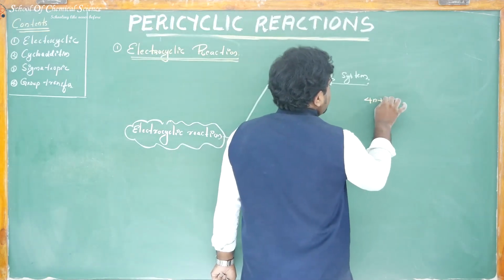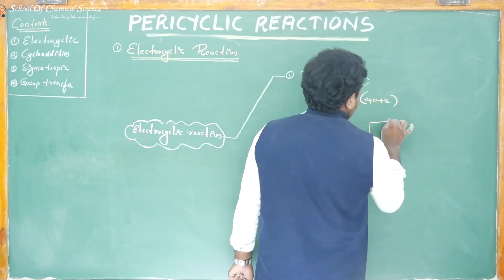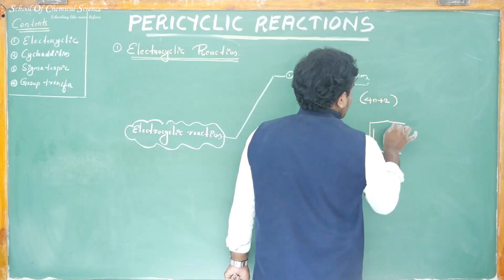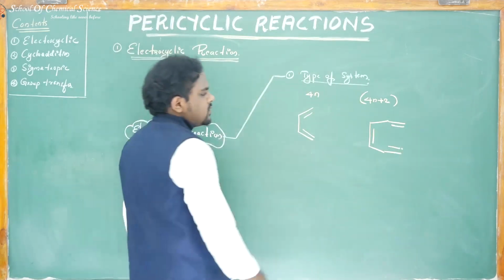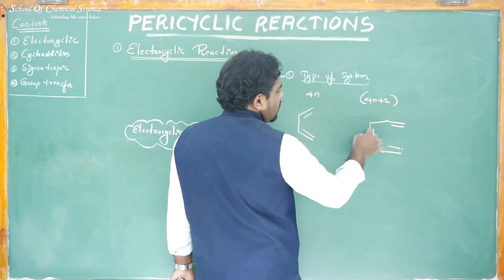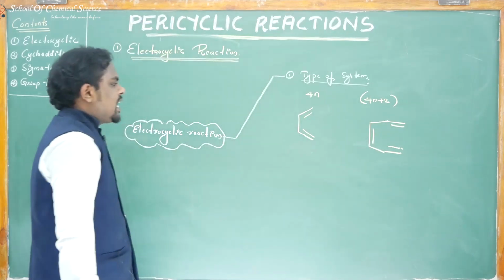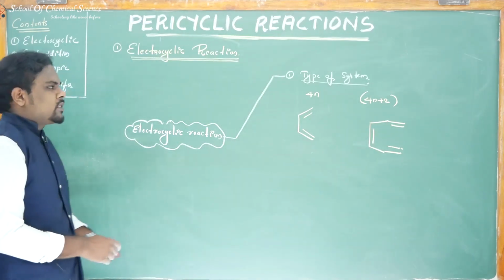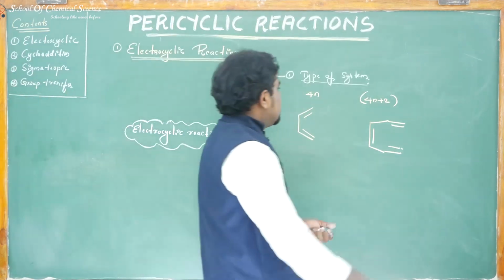Second type of system is 4n plus 2 system. This is a 4n plus 2 system because 2, 4, 6 pi electrons are there. So two types of systems are present: 4n system and 4n plus 2 system.